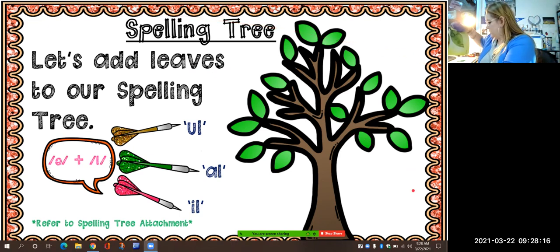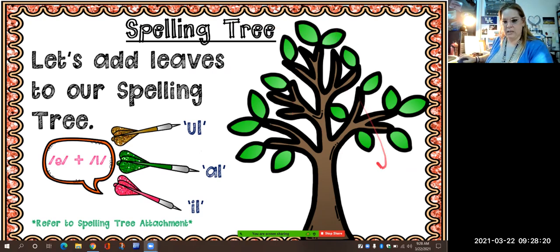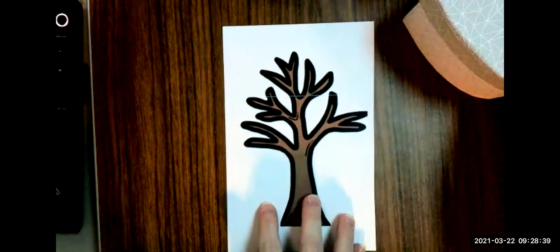Okay, so now it is time to do our spelling tree. Okay, so we are going to put our words on the tree. So here we have our tree. Made it smaller this time. Here we go.